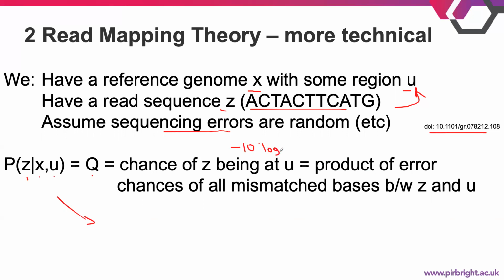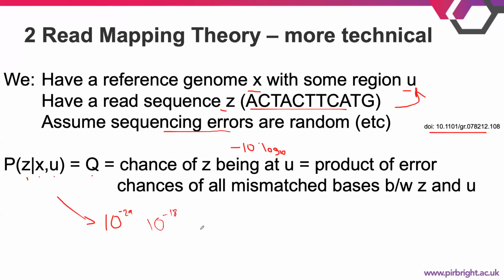So that means we have to use 10 to the power when computing these error probabilities. So if we have base qualities of 29 and 18, we can put them to the power. So we say 10 to the minus 29 for one of them. And then the other error probability is 10 to the power of 18. We'll put a minus in front because that's negative.